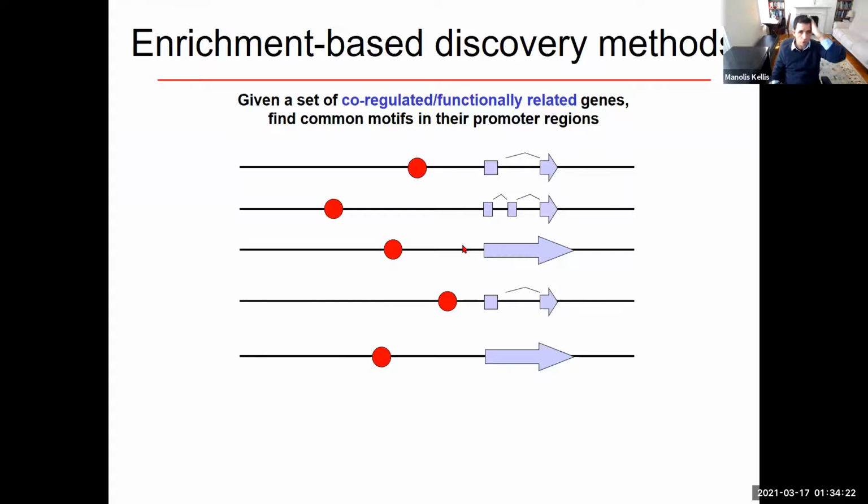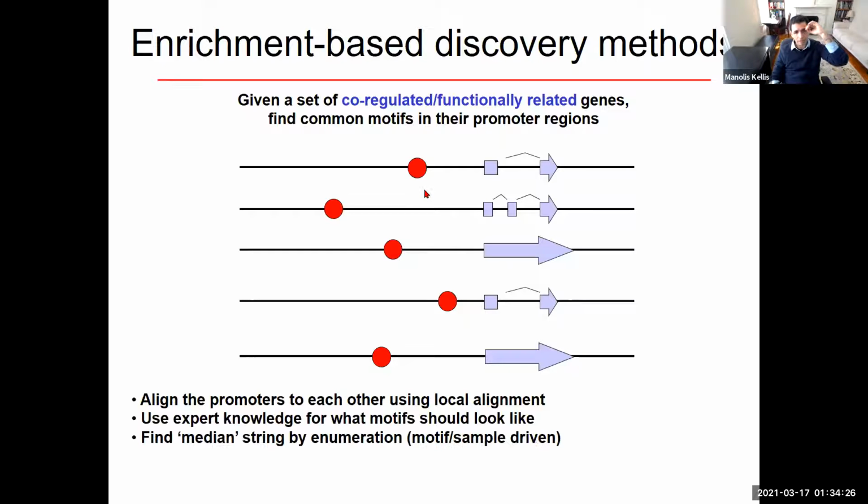And those traditional approaches before deep learning were about finding patterns that are repeated. So you would basically say, I have a set of genes that are co-expressed, and my hypothesis is that they are co-regulated by a common upstream regulator that binds all of their upstream regions. So I'm going to develop computational methods that look for motifs that are shared between them. And that's what the early methods were doing.